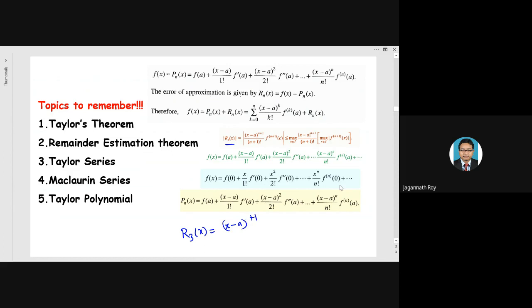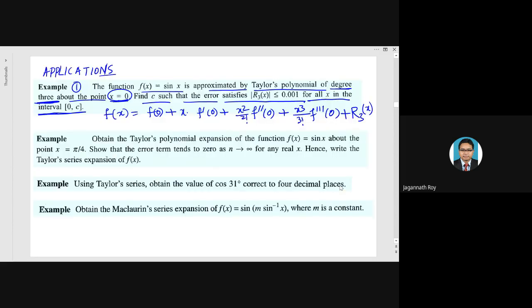So 3 plus 1, that is 4, and then 4 factorial by f to the power 4 of some c. So this is the 4th order term. We are not writing it in the polynomial because it is only saying up to 3rd order. So this would be the working formula.